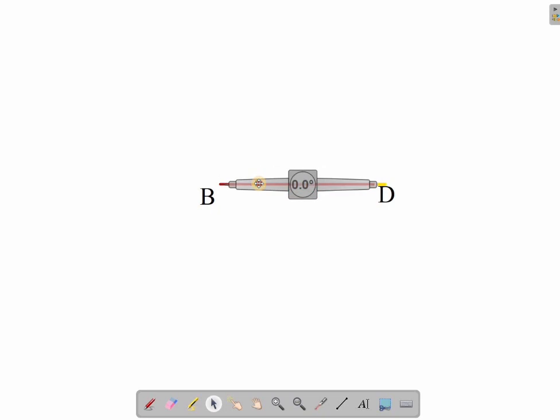So keep your compass at B. I'll make it 3 centimeter because 3 centimeter is also bigger than the midpoint. And you will draw two arcs like this. You will follow the same steps that I am doing.